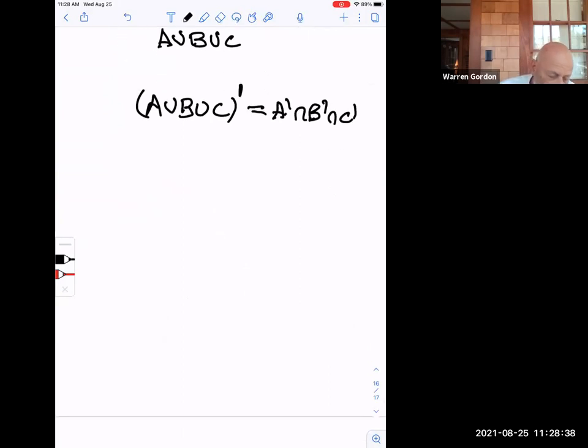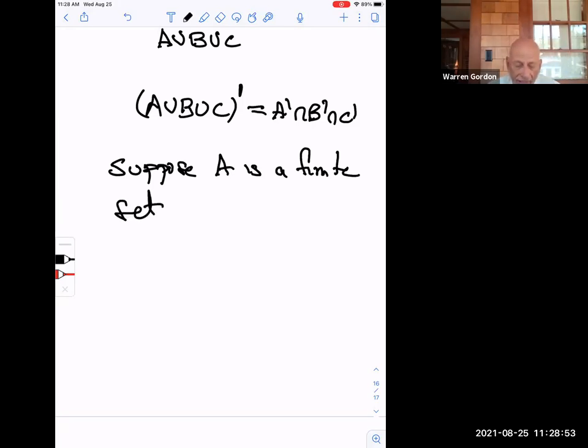Let me define, suppose A is a finite set. By that I mean it has a finite number of elements in it, okay?